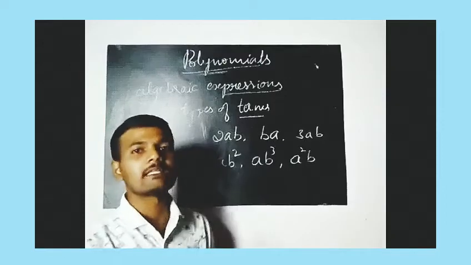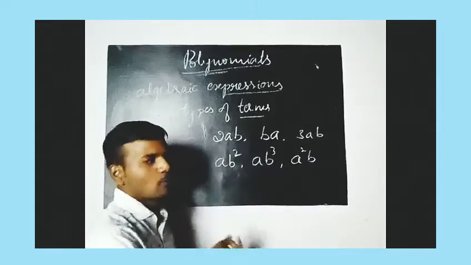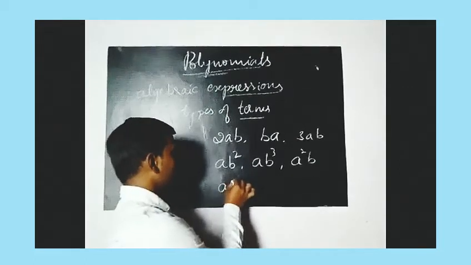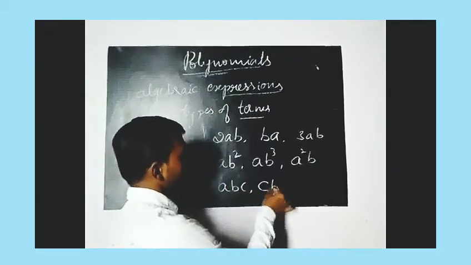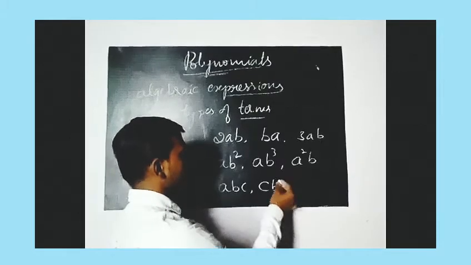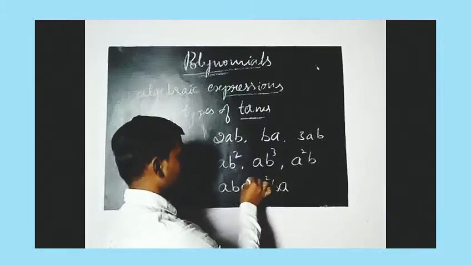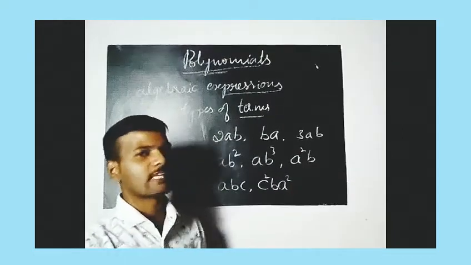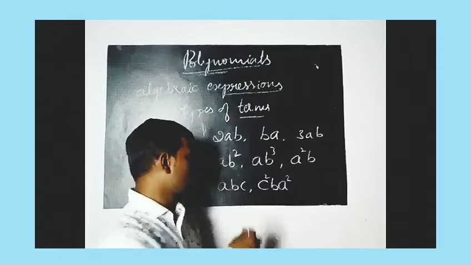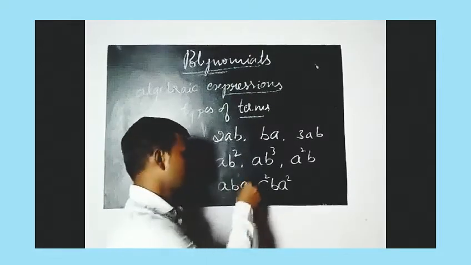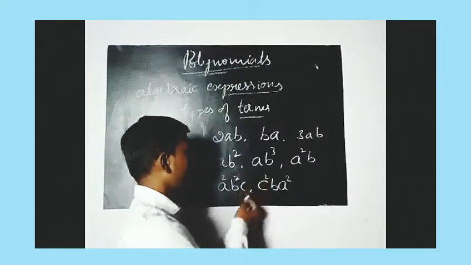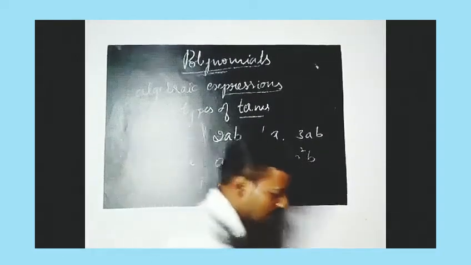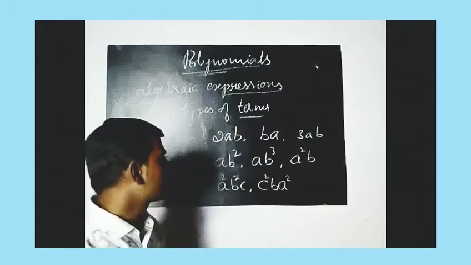So these are not like terms. Unlike terms are also those with different variables and the same exponents. So these are the types of terms, like terms and unlike terms.